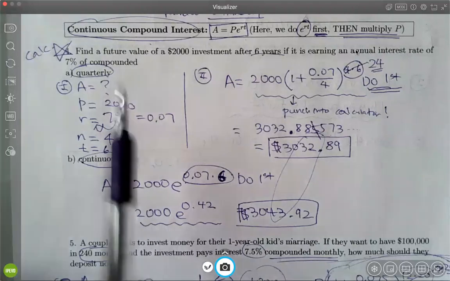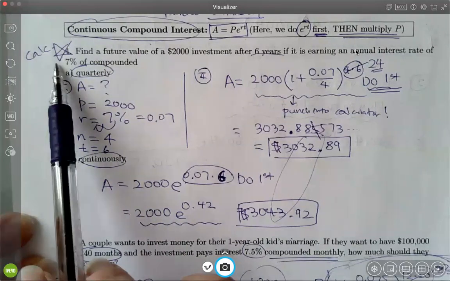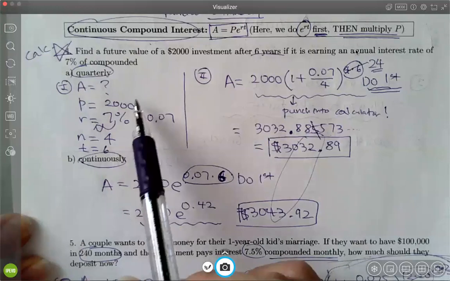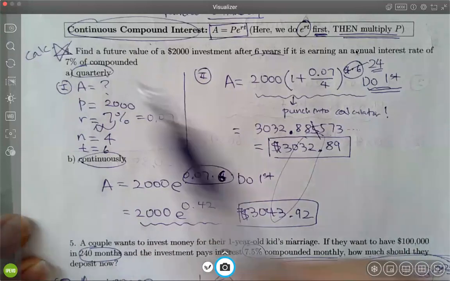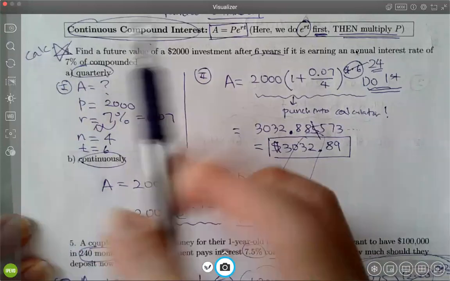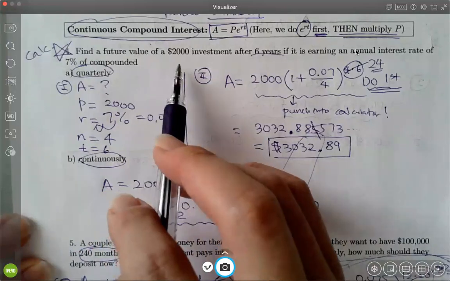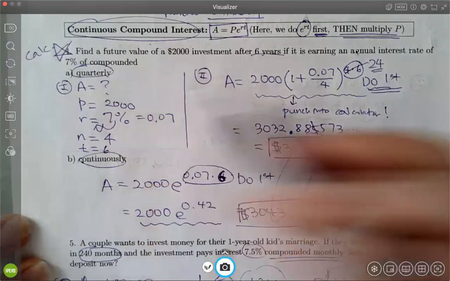Let me write the calc just to indicate that this problem, or similar to this problem, will be one of the calculator problems on exam 4. So this is one of them. Don't expect the exact same problem to appear on exam 4, but a similar problem like this will appear.